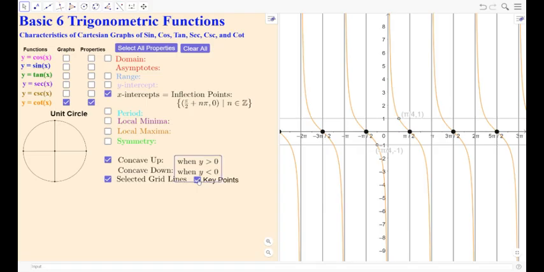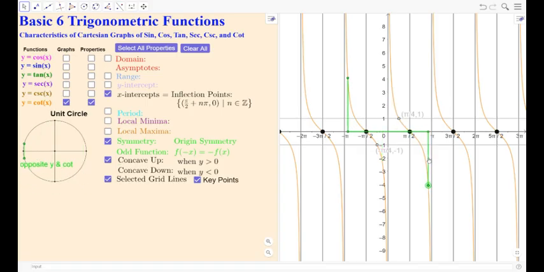Some key points. How about symmetry? It has origin symmetry. It's an odd function. If you look at this, again, a positive rotation and a negative rotation by the same amount give you the same x value, but opposite y's. Opposite y's, same x's makes the cotangents opposite of each other. So when cotangent's positive, you take the opposite x over here, cotangent's negative, but the same absolute value.